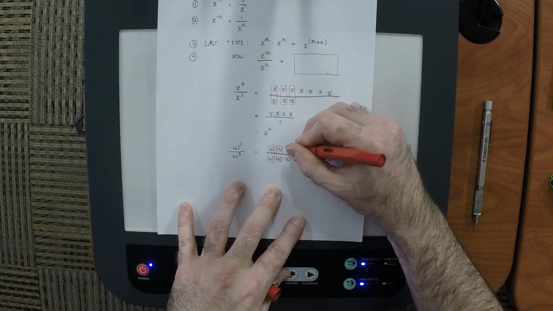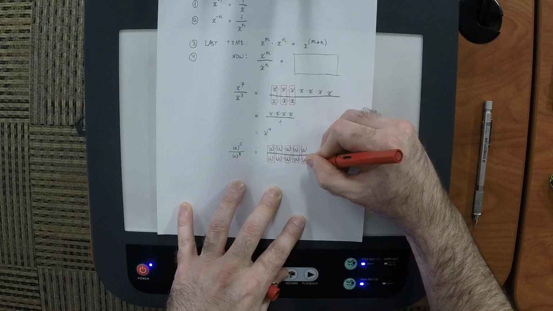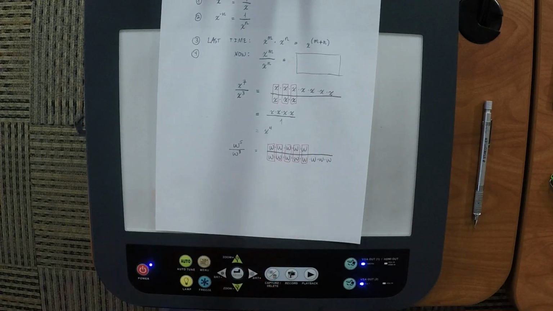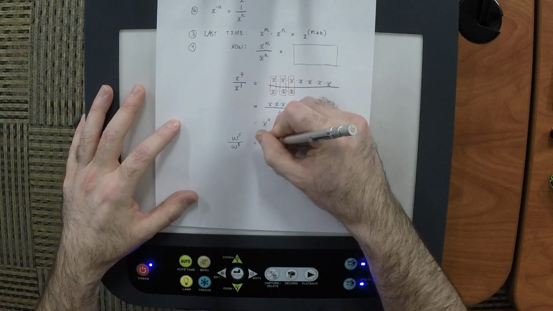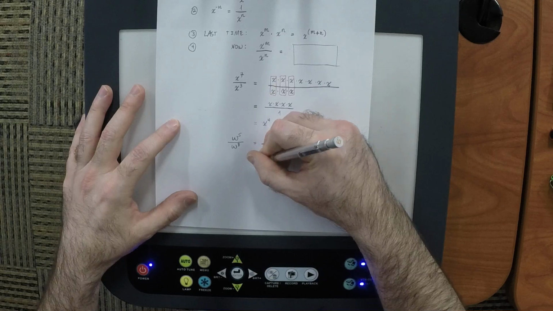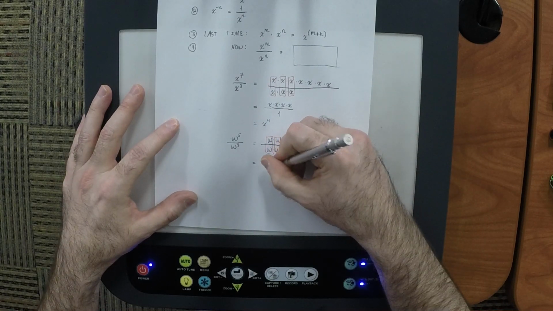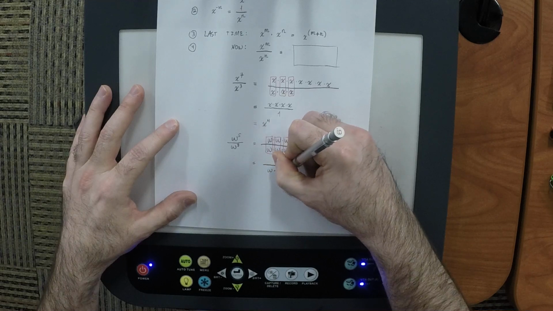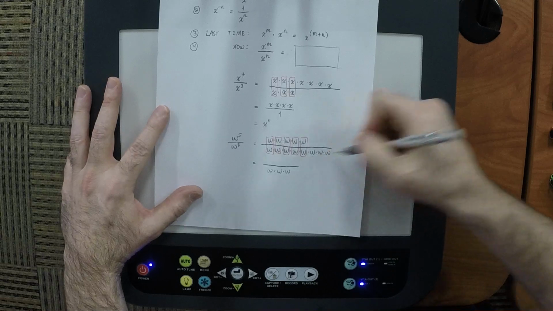I'll do the pairing: those cancel, those cancel, those cancel, these cancel. And now I've run out of stuff to cancel. So the result is going to be a fraction, and in the denominator I can see that there would be 3 w's left over, because there are 3 more.